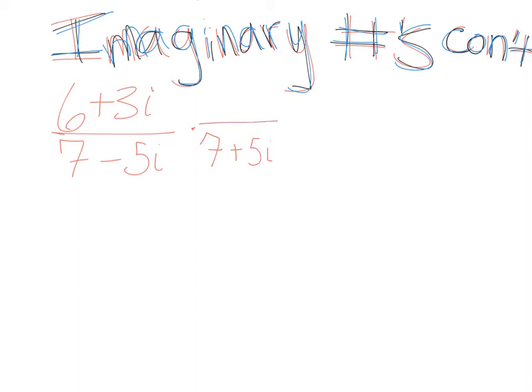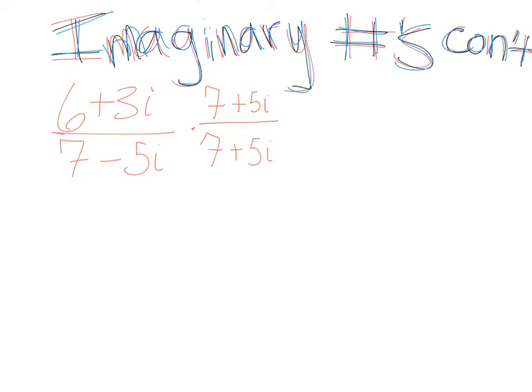And in order to make it so that we haven't actually changed the value of what we started with, we're going to be multiplying the top by 7 plus 5i as well. Because a number over itself is equal to 1, and anything times 1 is still just that number. So 7 plus 5i over 7 plus 5i is the same thing as 1.